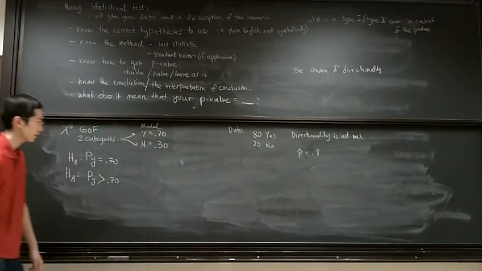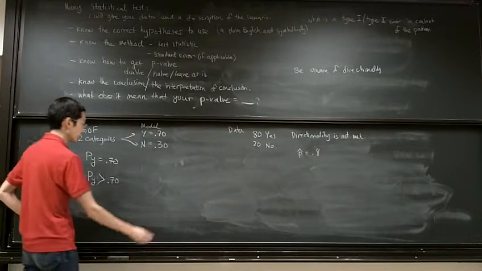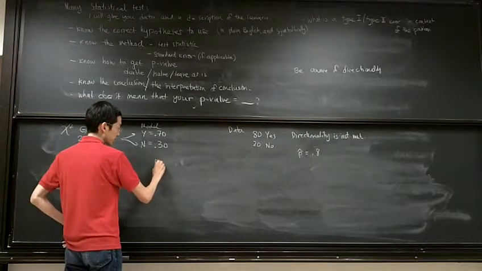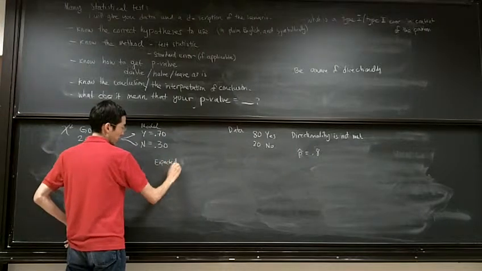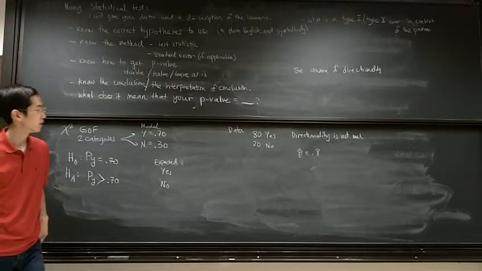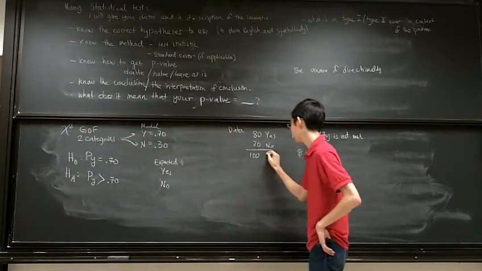What's my chi-squared? How do I get my chi-squared statistic? I do observed minus expected, right? So what are my expected values? I've observed a total of 100 answers.